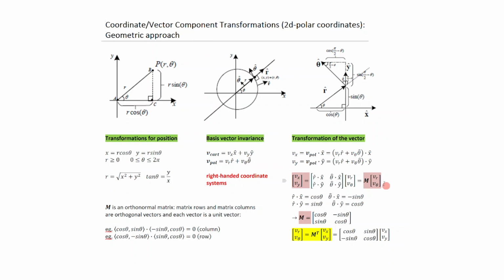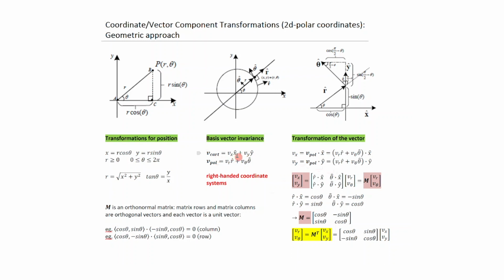So let's start. We know that these two are equivalent, so we can equate them. I want to know what Vx is. I could get Vx if I took the dot product of the left-hand side and the right-hand side. So V Cartesian dot x hat would equal Vx x hat dot x hat.